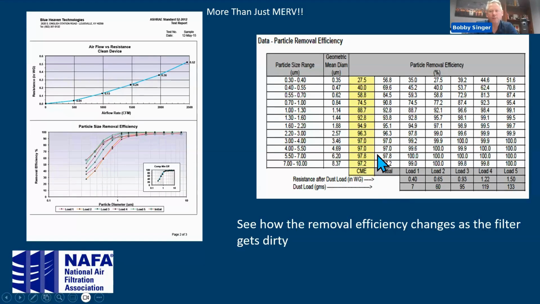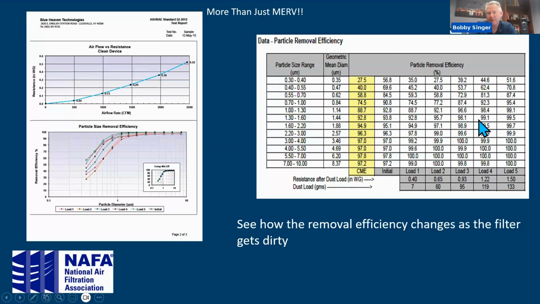The important thing I want to point out here is this column highlighted in yellow, CME, cumulative minimum efficiency. By definition, we're wanting to report the minimum efficiency reporting value. So what happens through all these efficiency measurements, we're going to pull the minimum that we get in each size, no matter where it is, over to this cumulative minimum efficiency.